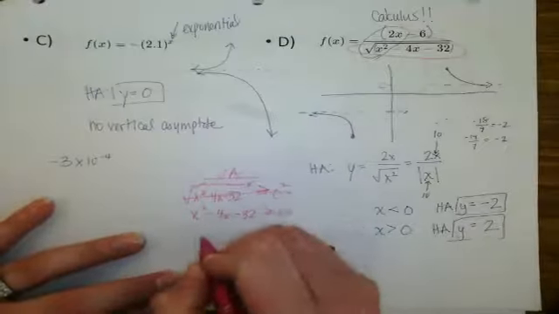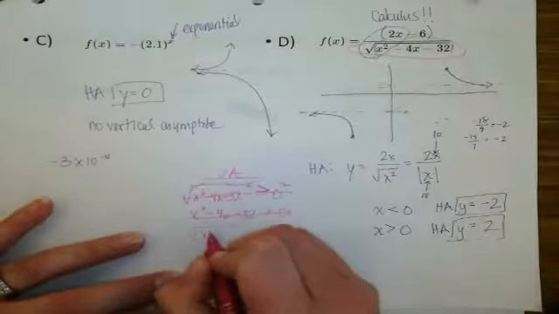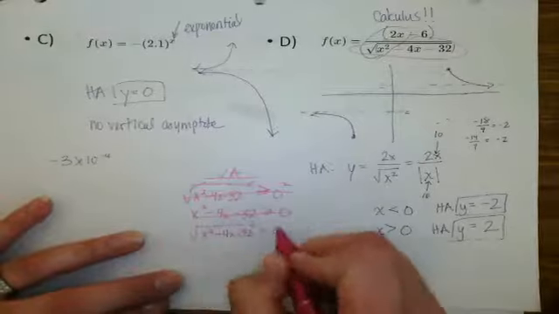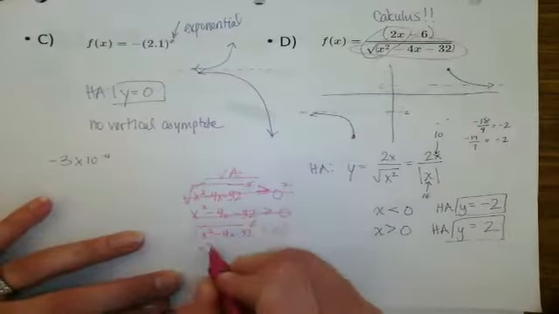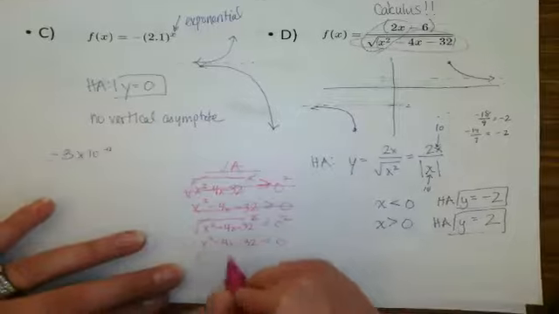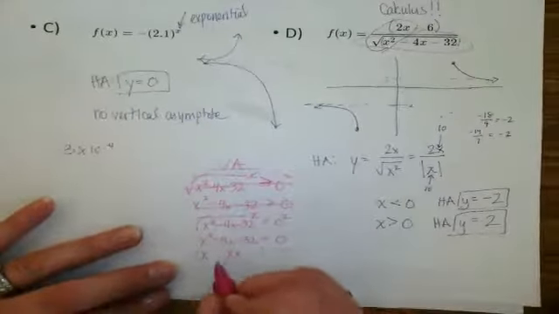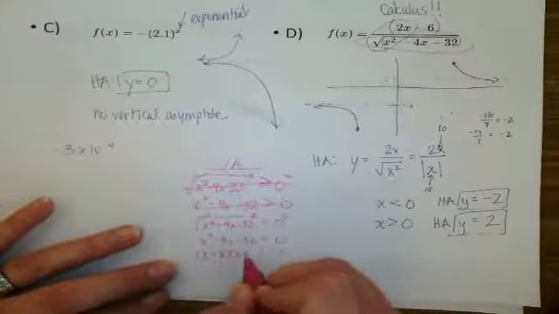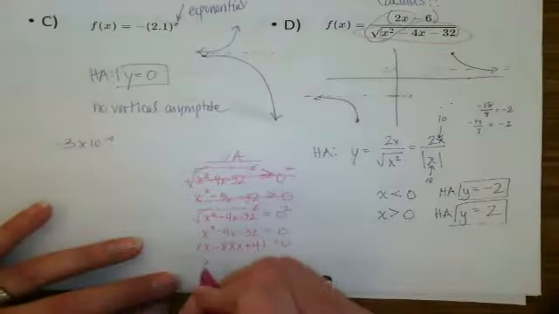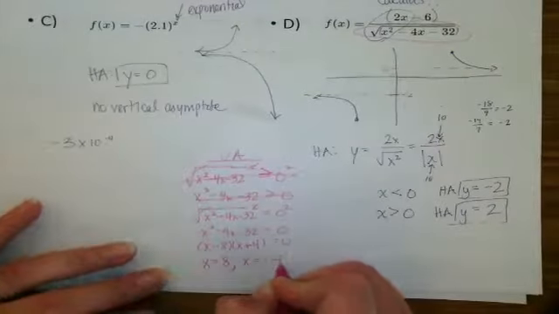I think we can just say to find a vertical asymptote, we set our denominator equal to 0 and solve. That's all we have to do here. So x squared minus 4x minus 32 equals 0. We can double bubble. X times x is x squared. Let's see, -8 and +4 give me my 32. So we get vertical asymptotes at x equals 8 and x equals -4.